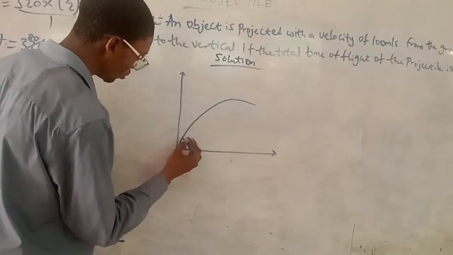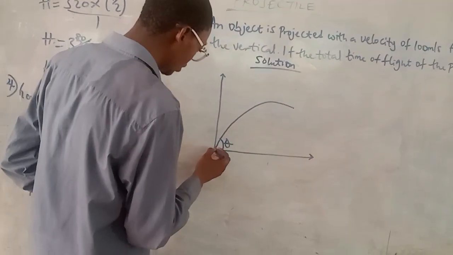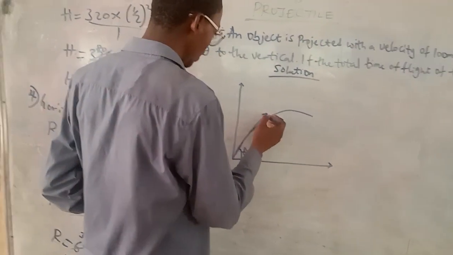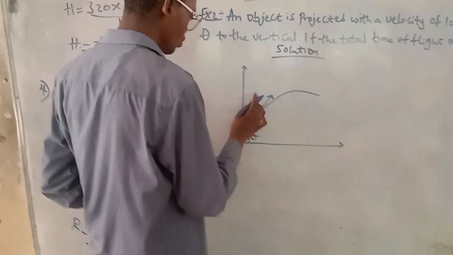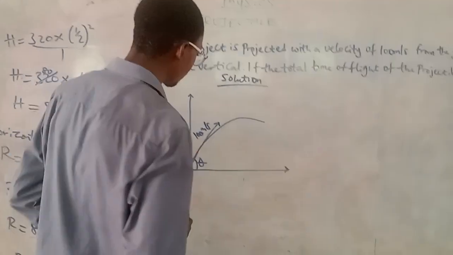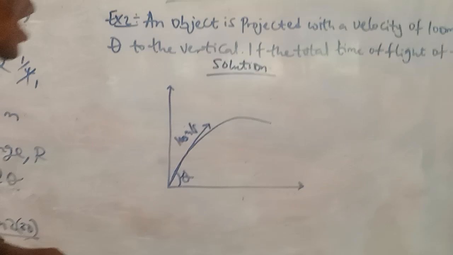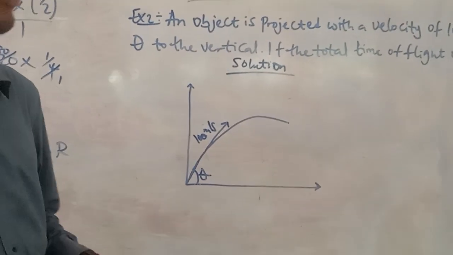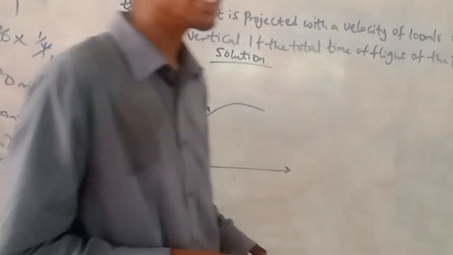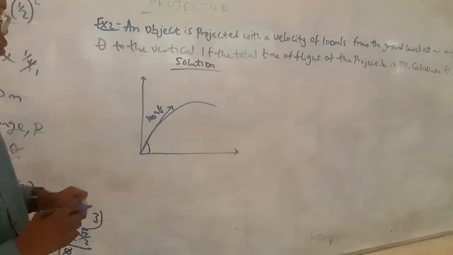Now let's show this. Diagram. An object is projected, right, at an angle theta, which we don't know, with a velocity of 100 meters per second.